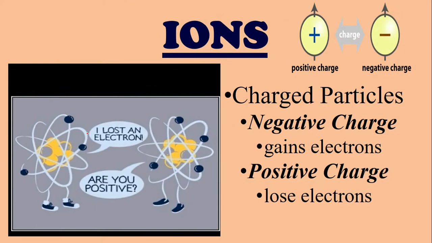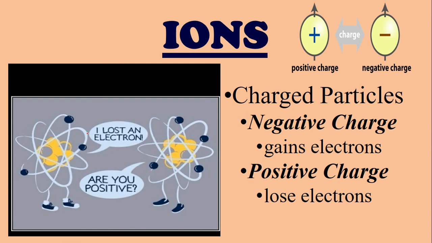And just throwing this in there, sometimes this happens. Most atoms are neutral, but sometimes they actually do get a charge. They can get a positive charge or a negative charge. It's all about the electrons when it comes to the charge of an atom. If the atom has a negative charge, it has gained an electron, and if it's positive, it's lost an electron, because remember, electrons have a negative charge.